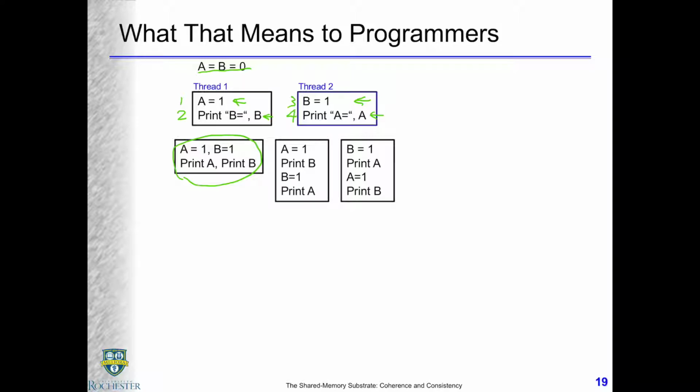So in this case, 1, 2 finished before 3, 4. In this case, 3, 4 happened before 1, 2. In these cases, as we can see, one of the prints happened before its update. In this case, B is printed before it's updated. So one of them is going to print out a 0.